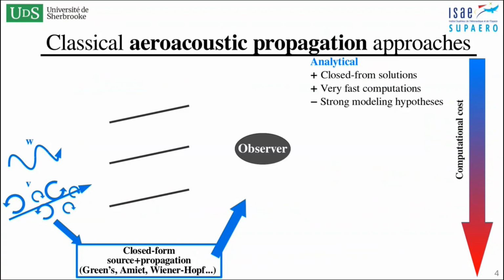The problem is that they use strong modeling hypotheses. For example, when we want to calculate the response of a blade or a cascade of blades, we typically assume that they are flat plates. We typically use Green's function calculations, the Amiet model, the Wiener-Hopf method, etc.